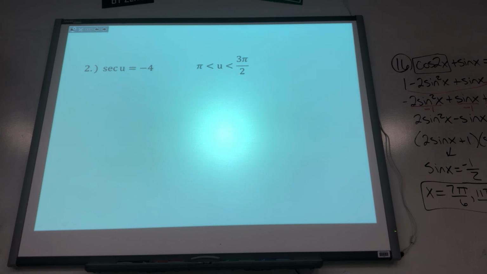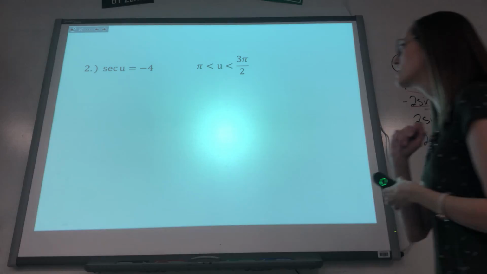So now it says secant of u is negative 4, and it also says pi is less than u, which is less than 3 pi over 2.